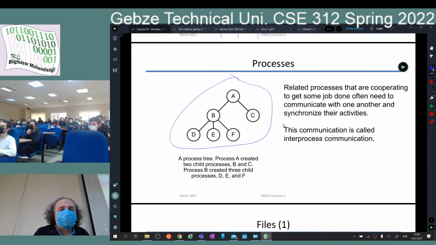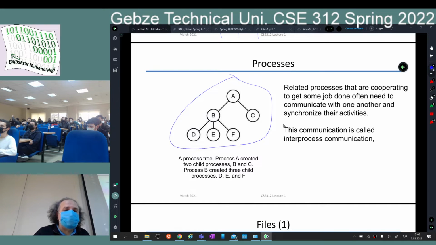So the processes can create other processes, and they can communicate with each other, and that way complete the task in a more efficient way, more interactive way, more pleasing to the end user.